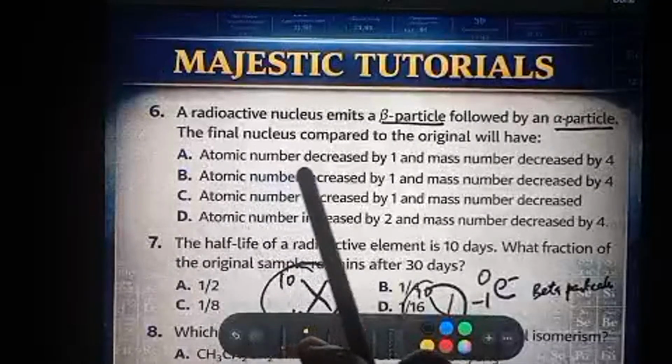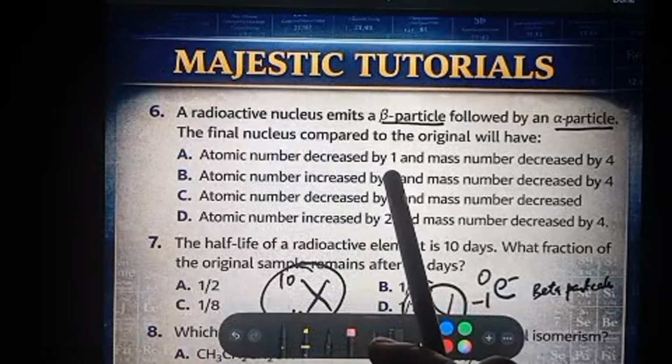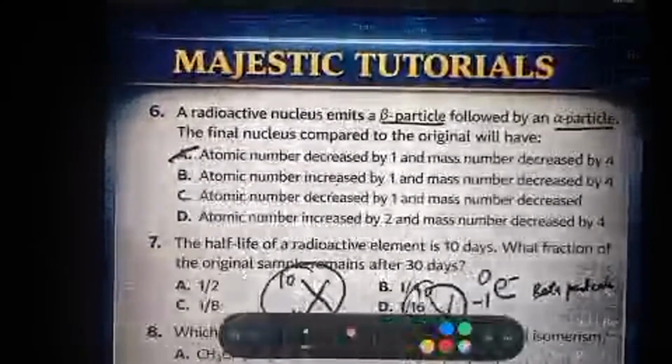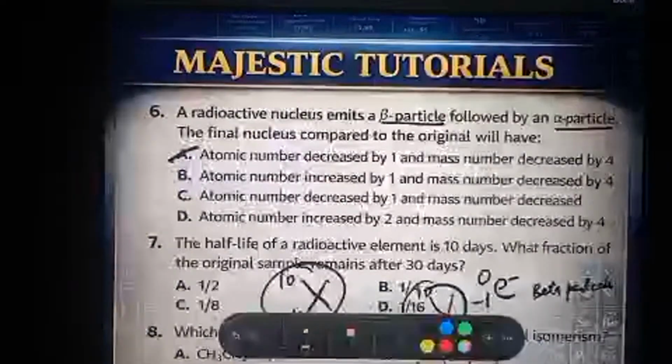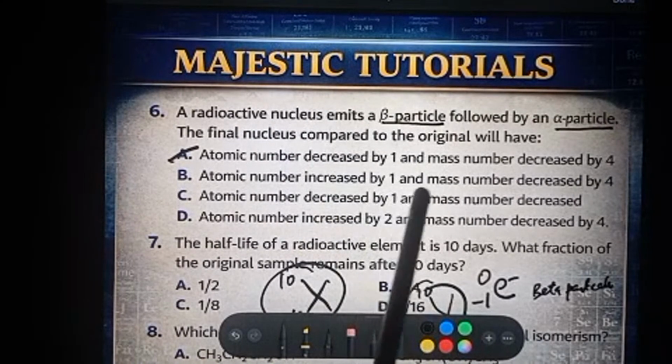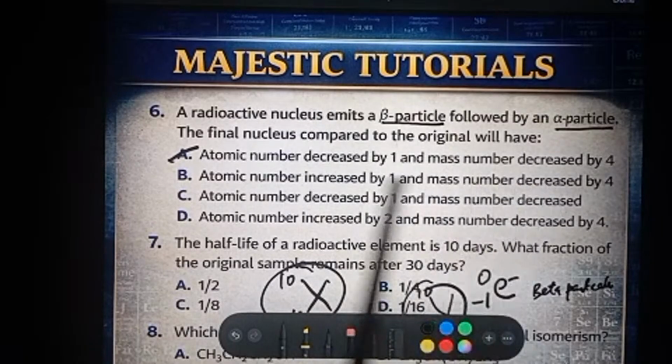So option A says atomic number increased by 1, correct, and mass number decreased by 4. It is A that is very, very correct here. Option A is extremely correct. Atomic number increased by 1 and mass number decreased. Okay, option A and B were mistakenly typed as one, looking exactly the same, but that's not what it's supposed to be.